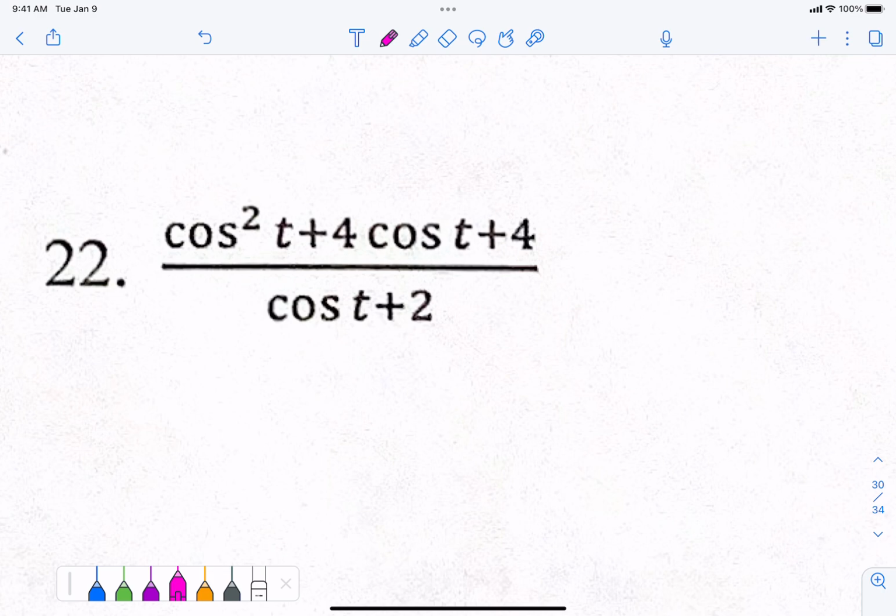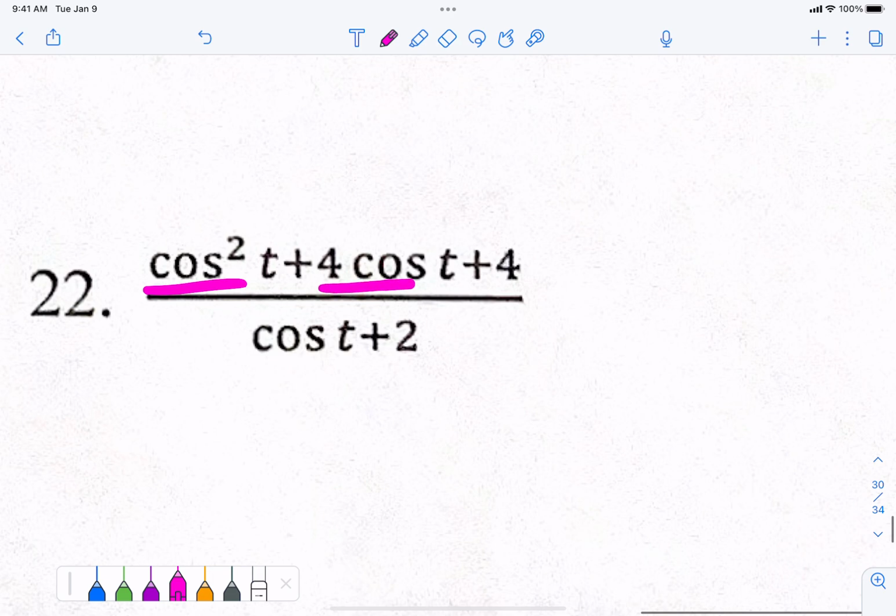All right, check this out, folks. The top of 22. How many pieces is the top of 22? Like 5. We're gonna do some pretending. We are going to pretend that cosine is x.